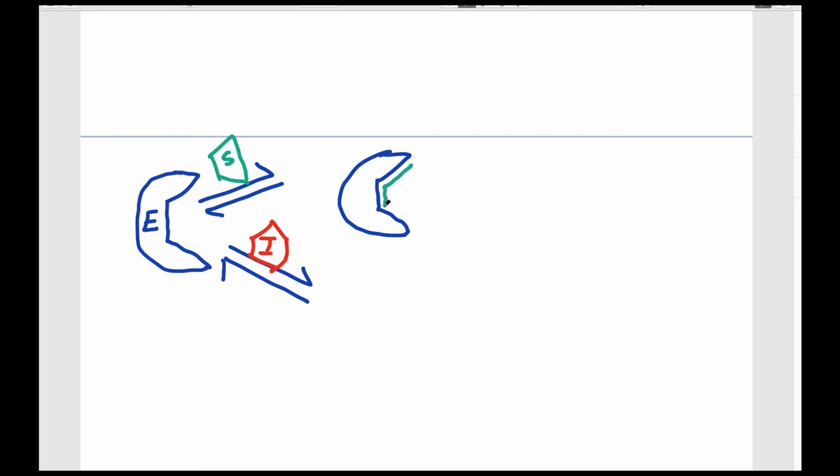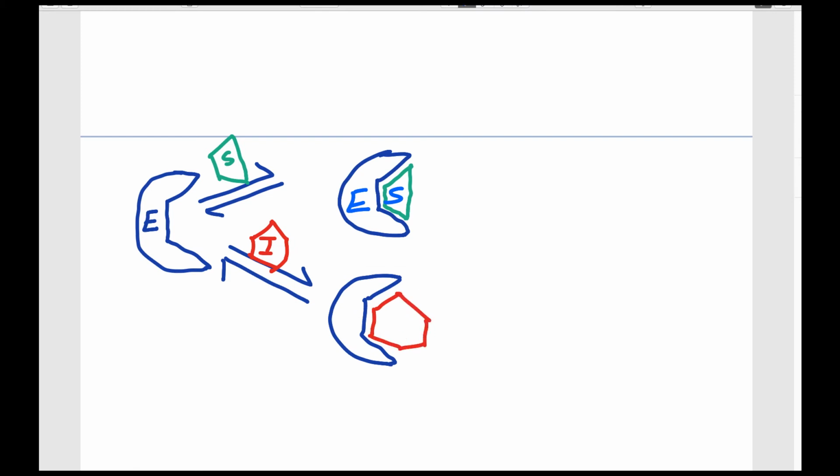Here there is a perfect complex, so here we can say enzyme substrate complex. Then with the inhibitor, the complex formation has taken place.